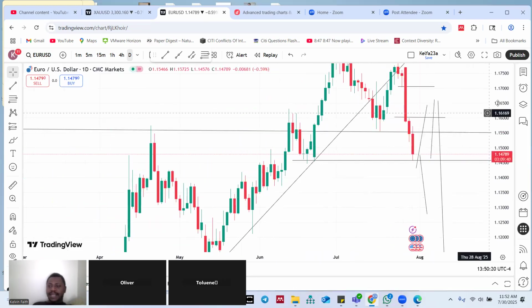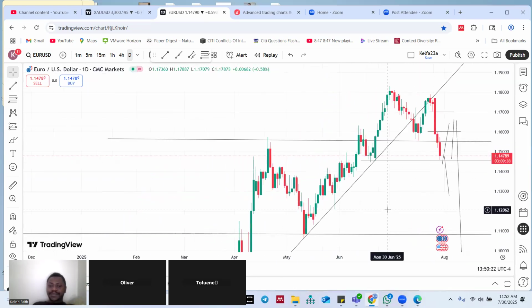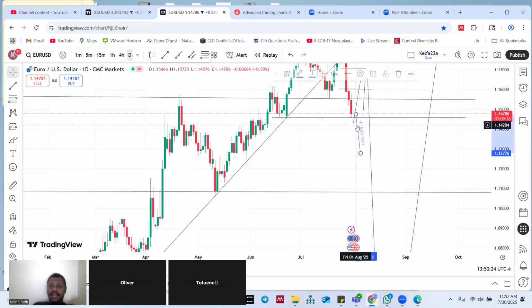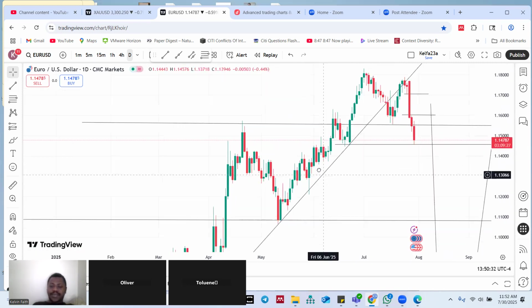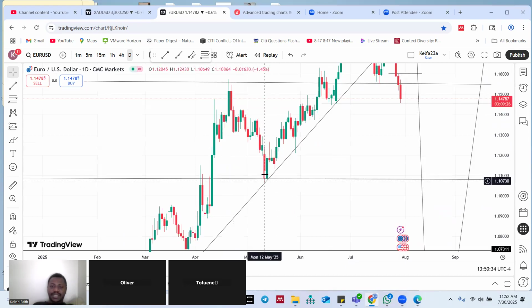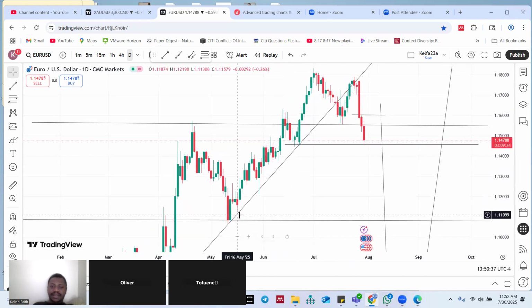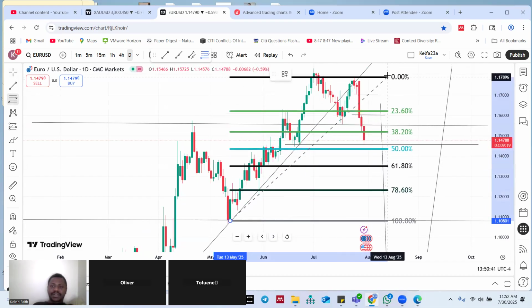And let's also notice, if we want to use even the most current low, you see recently price dropped into this area here and then pushed to the upside.